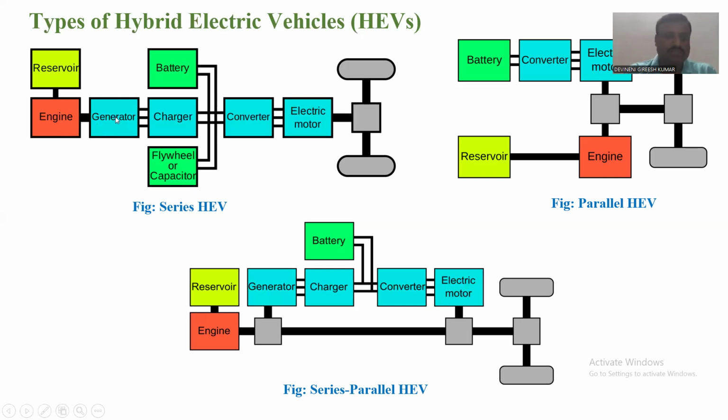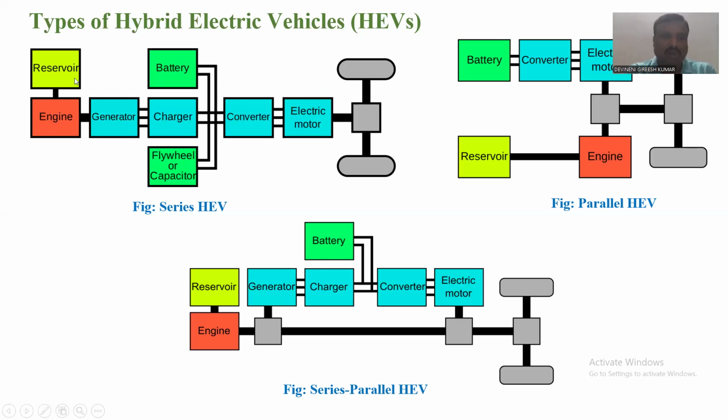Then the output of the generator is connected to the charger, and this charger will charge the battery pack as well as the flywheels. So the IC engine is used only for charging the batteries and driving the generator. It's not driving the electric motor or the driving wheels.